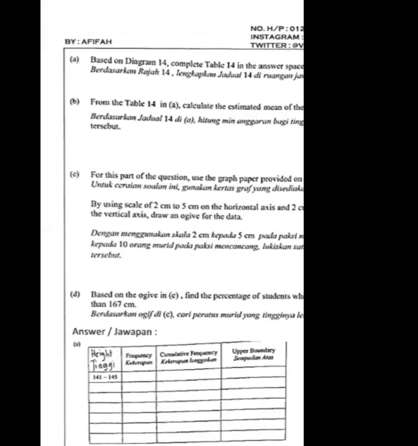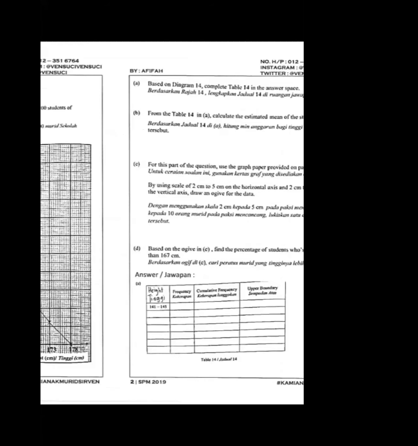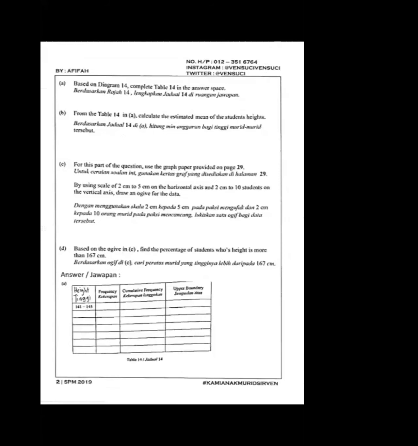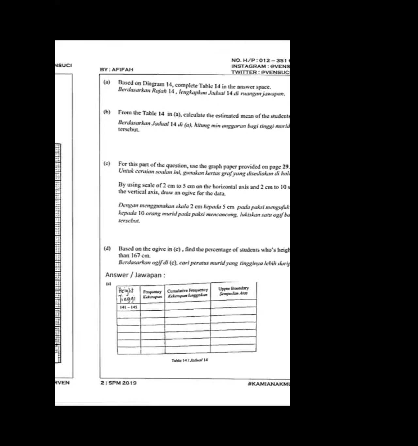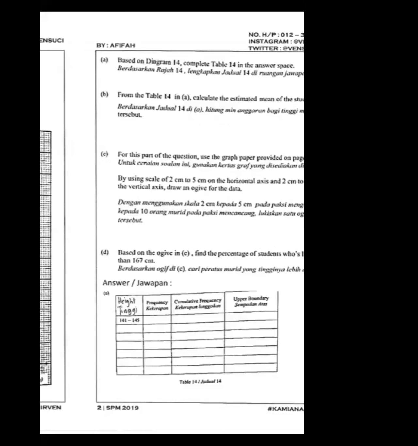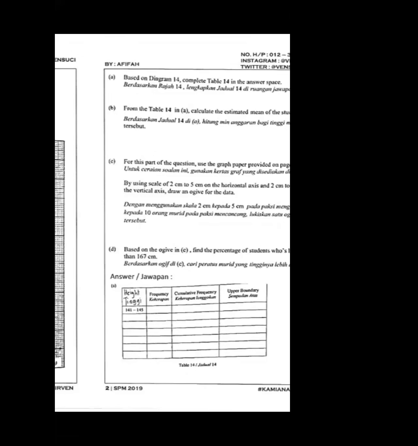Okay. So for question 1B, they want you to calculate the estimated mean of the students' height. You already know that the estimated mean always has one formula. The formula is the sum of frequency times midpoint, divided by the sum of frequency.